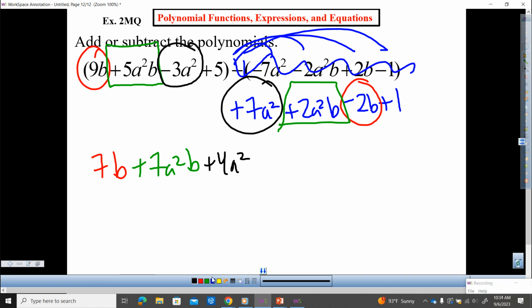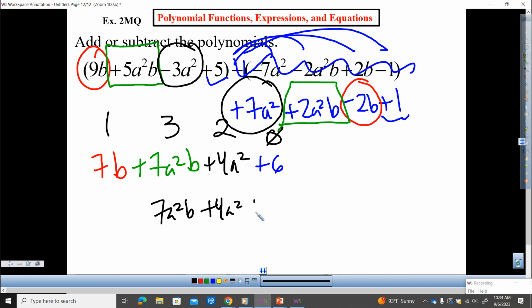And lastly, David. 5 and 1, and that gives us 6. All right. Is it in standard form? Let's check. What degree is this? 1, this one, 3, this one, 2, and 0. So standard form is 7a squared b plus 4a squared plus 7b plus 6.